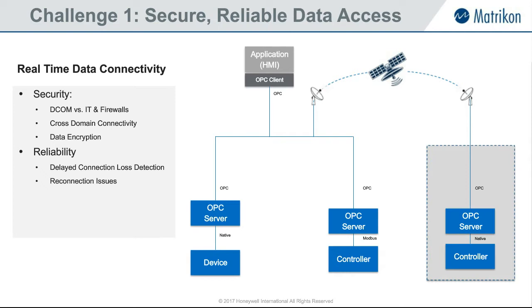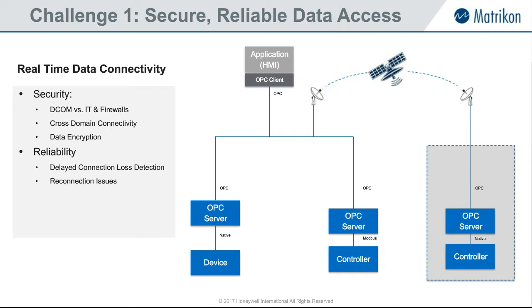And then, of course, there's the question of reconnection. Let's say that you time out and the client, I show an OPC client in gray at the top there, is communicating with one of the servers down below, or all of them. Now the question is, if you lost that connection down at the Windows level, where DCOM communicates, how do you reestablish it?